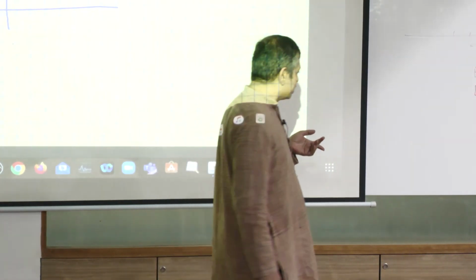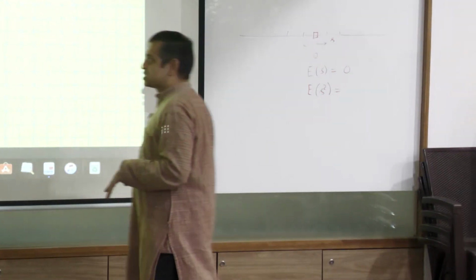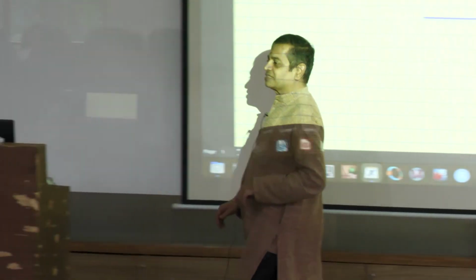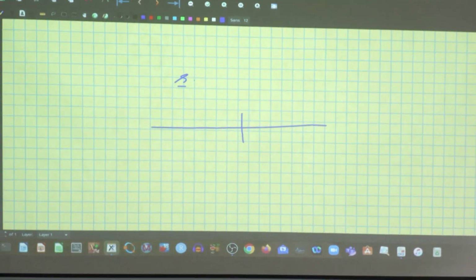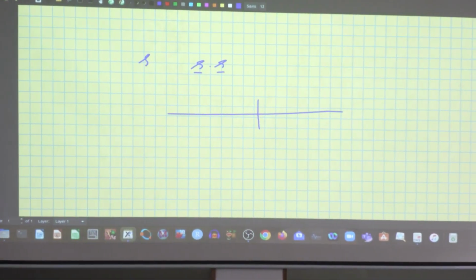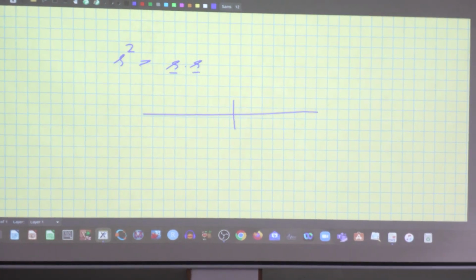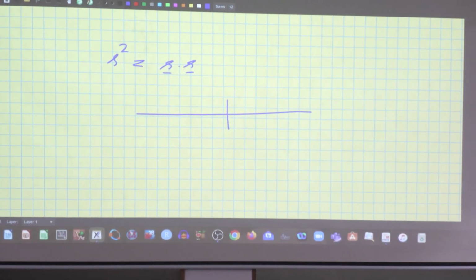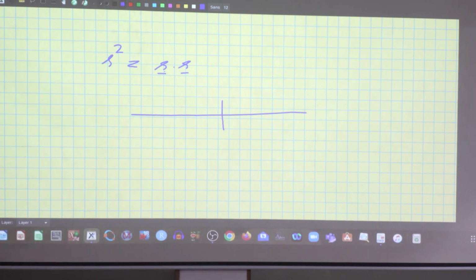What happens in 2D? I can take this to be a vector S and dot it with S itself, that is what gives me S squared, right. Now, S dot S is what?